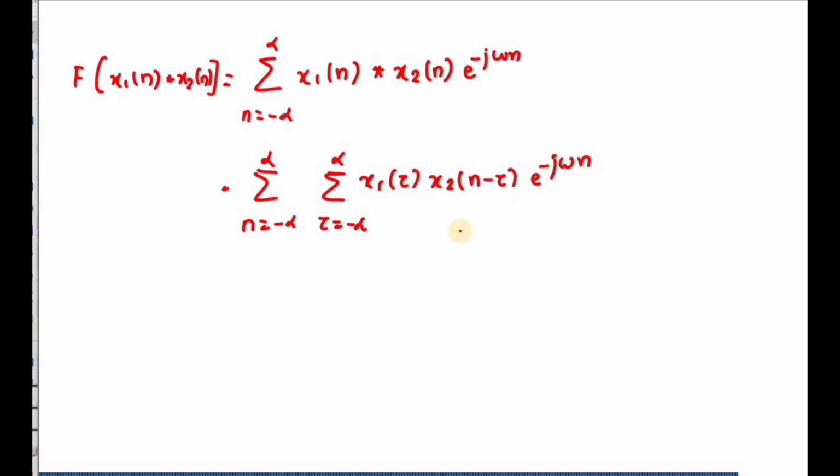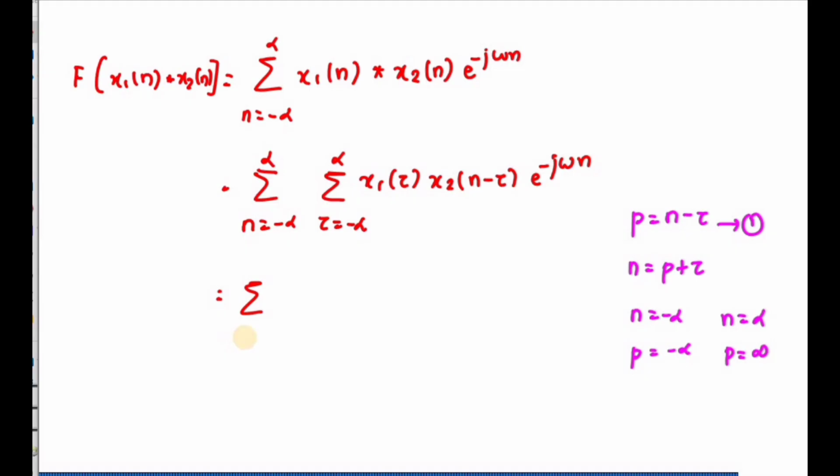In this formula, if I substitute p equal to n minus tau, I can write n equal to p plus tau. If n is minus infinity, p is minus infinity; if n is infinity, p is also infinity.